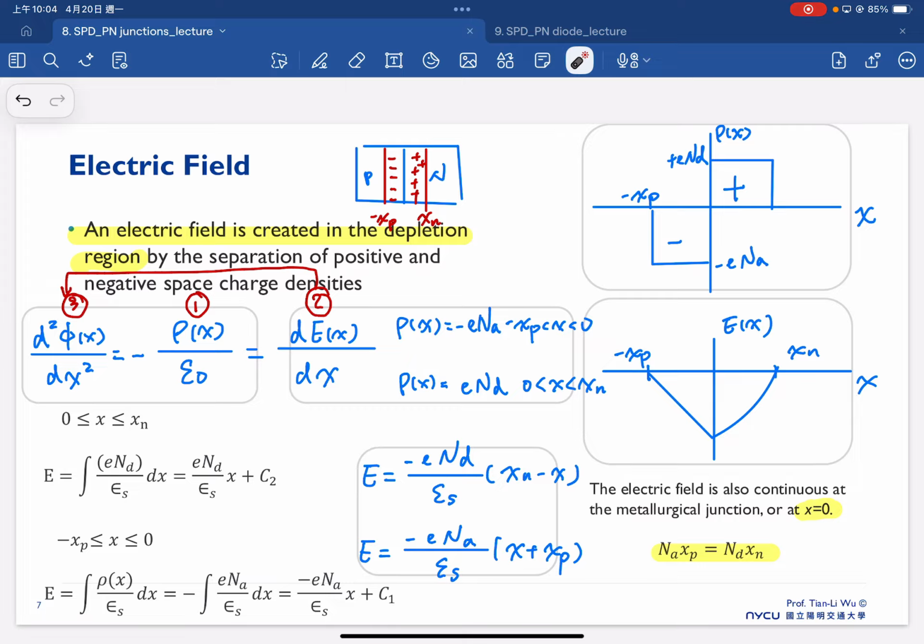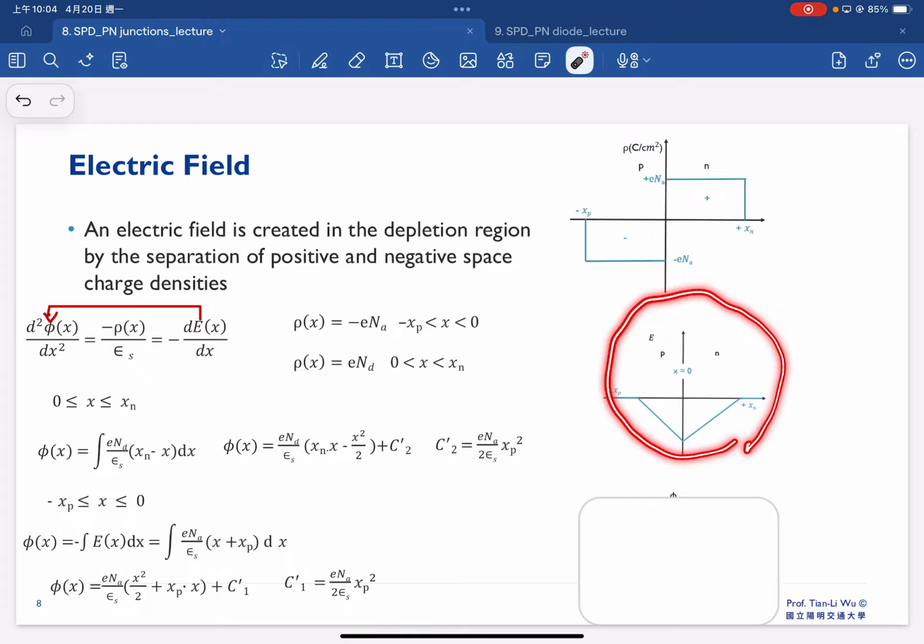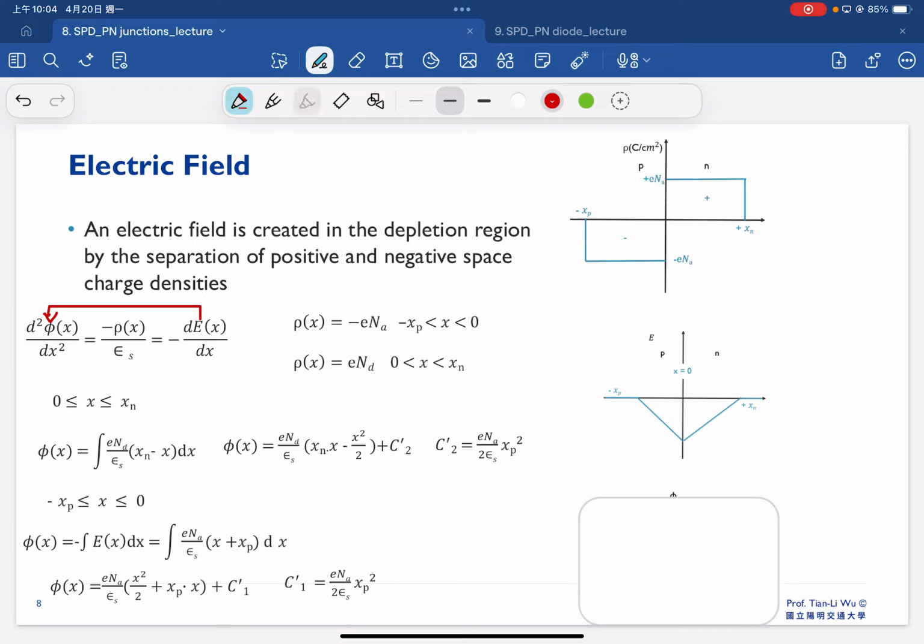Okay, so the next stage is we want to derive the potential, which is a similar goal to the previous one, but we integrate again from the electric field to the potential. Based on this information, we integrate the electric field, with the results shown in this one and also this one.